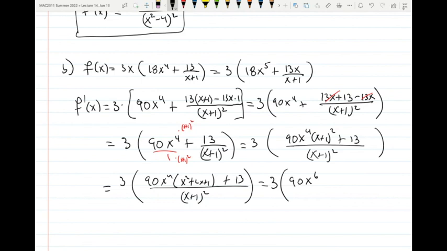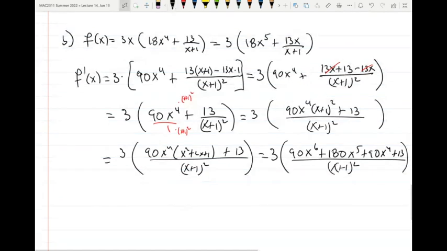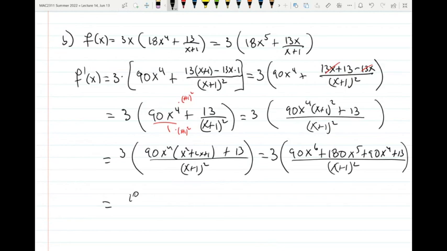So 90x to the 6 plus 180x to the 5 plus 90x to the 4 plus 13. And then finally we get 270x to the 6 plus 540x to the 5 and then that's 39.